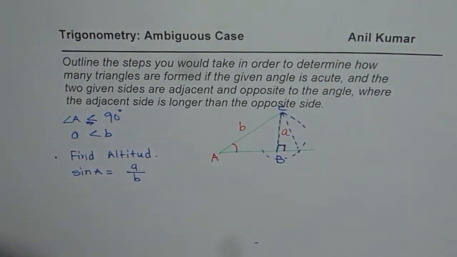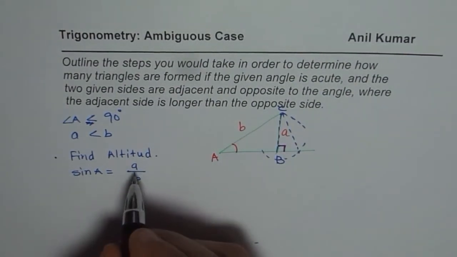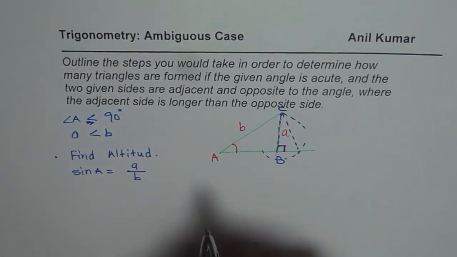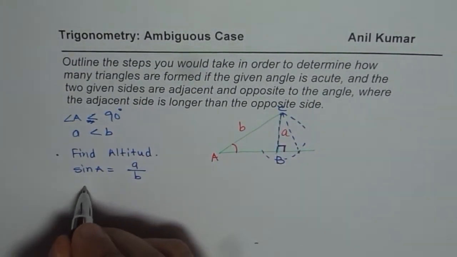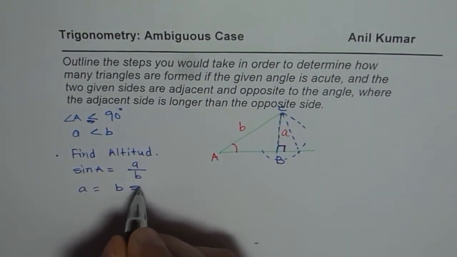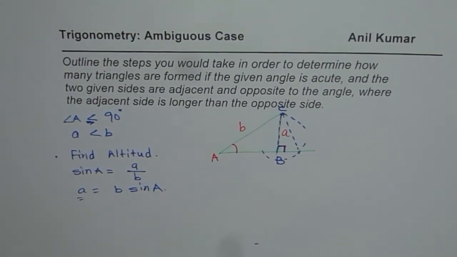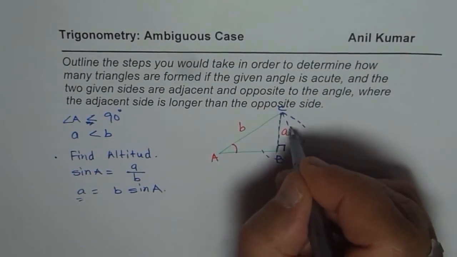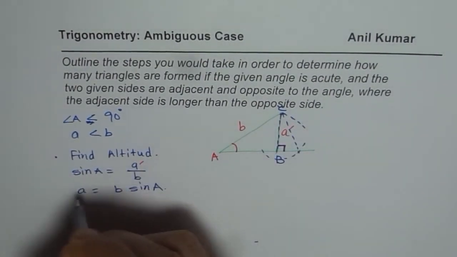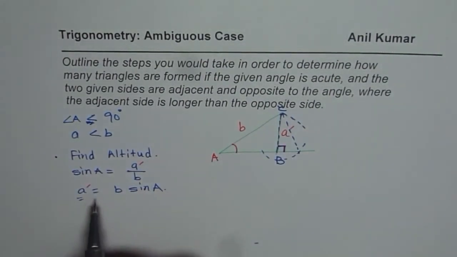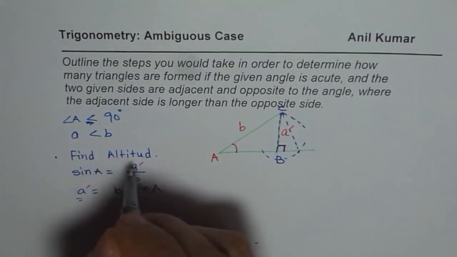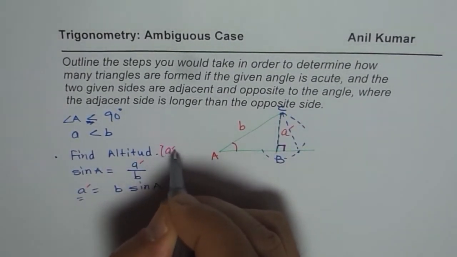In that case, the height of the triangle will be b sin A. So find this side, b sin A. Let me call this side a dash, the altitude.